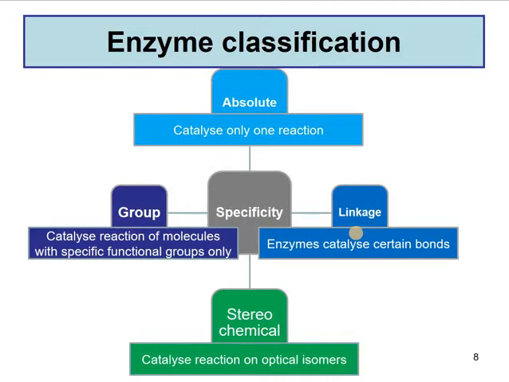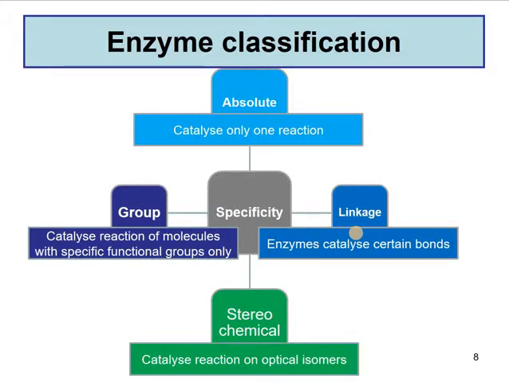How specific is that enzyme for that substrate? Okay, so we have what we call absolute specificity, so this enzyme can only catalyze one type of reaction or one type of substrate. That's it. It cannot catalyze related reactions, only one. So that's called highly specific or absolute specificity.